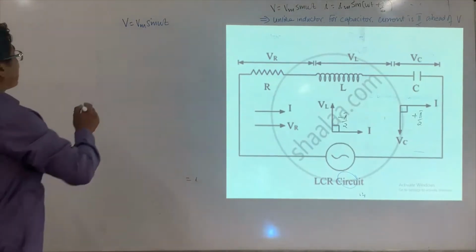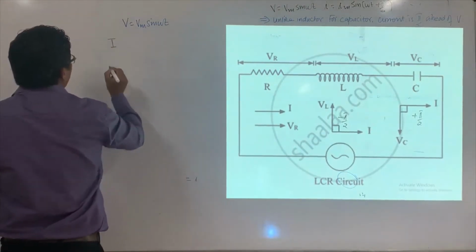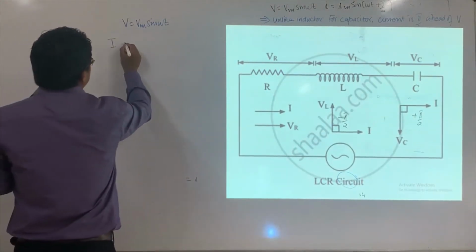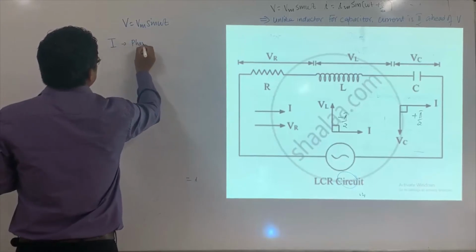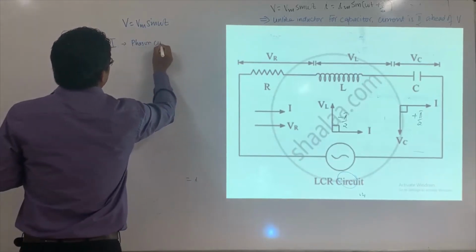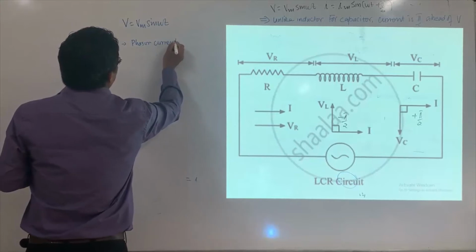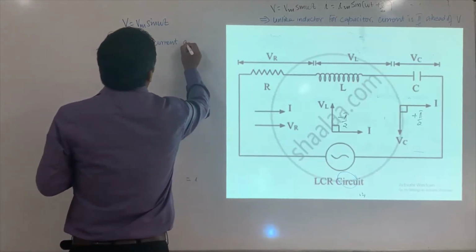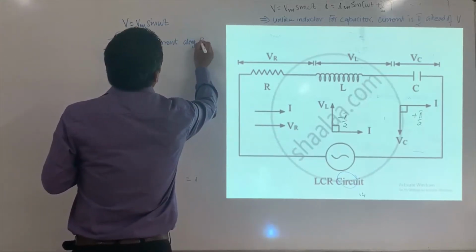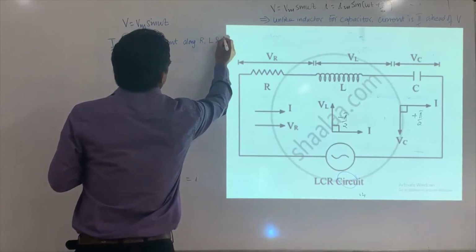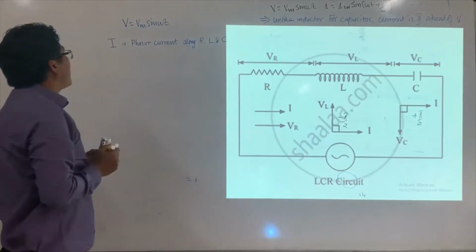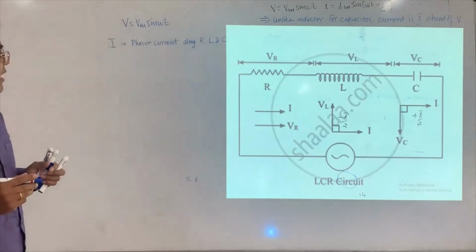And now I'm going to put this is the phasor. I is the phasor current along the resistor, inductor and capacitor. And I say that this is what we have, right?